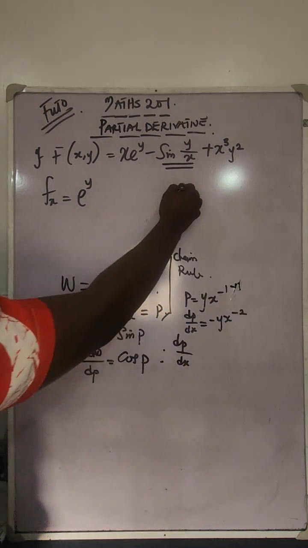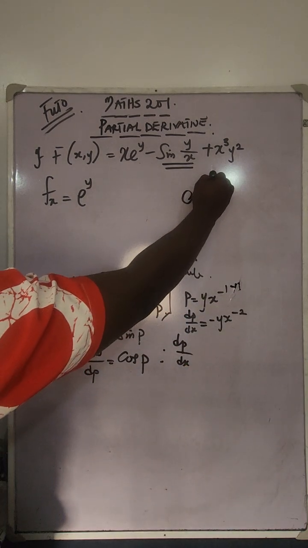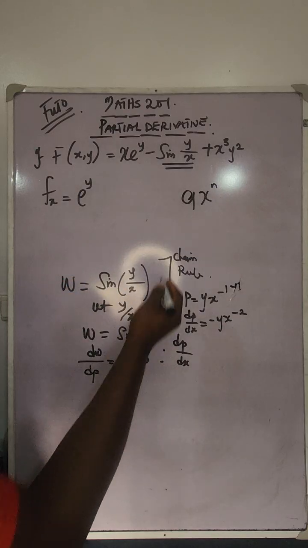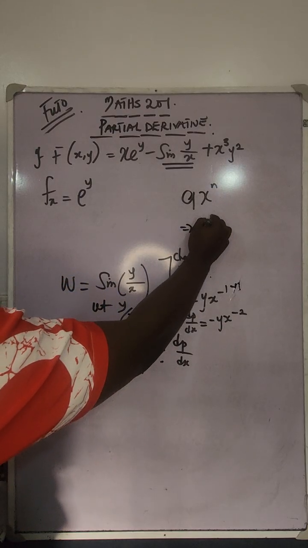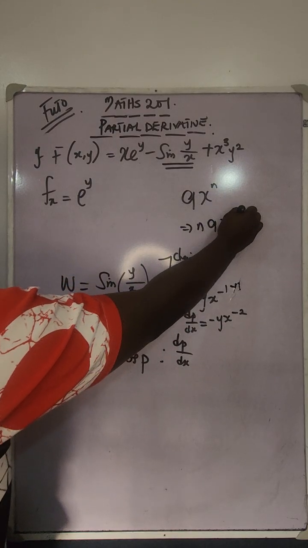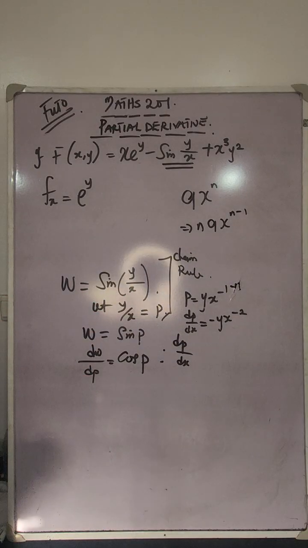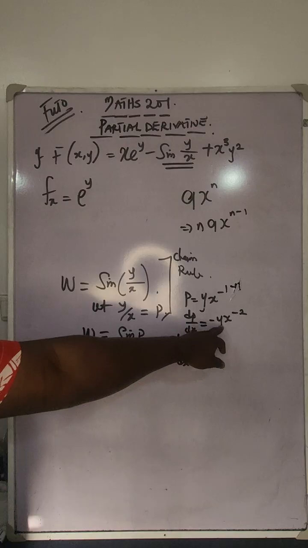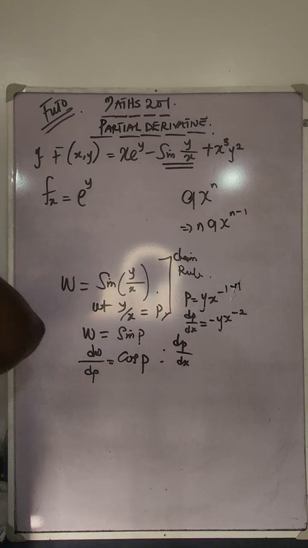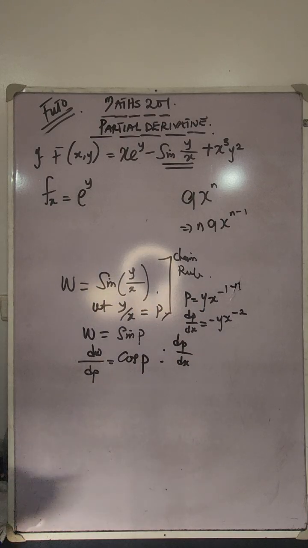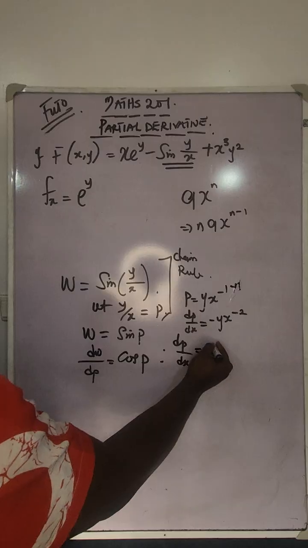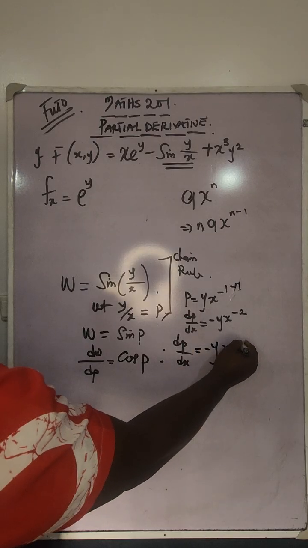Remember, whenever you have a x raised to the power n and you differentiate this function, your answer is n a x to the power of n minus 1. You are always borrowing 1. So in that case, what you have is minus yx raised to the power of minus 2. So dp/dx is minus yx to the power of minus 2.